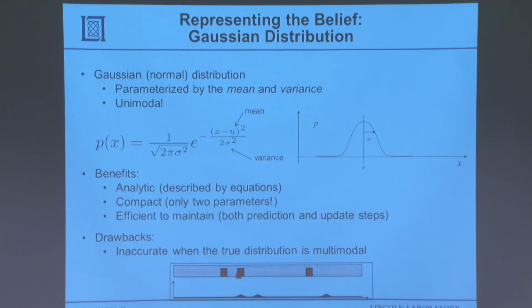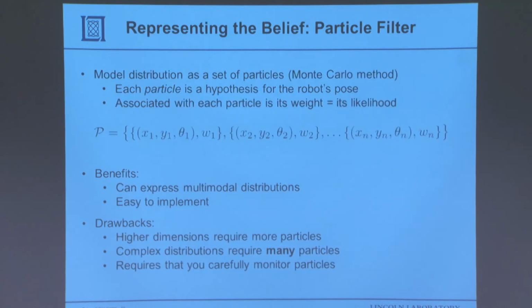But the problem is it doesn't necessarily represent the true distribution of our robot, particularly when it's a multimodal distribution. So when our robot believes it could be in any one of, in this case, 3 different positions, that single Gaussian function wouldn't well represent our robot's belief.